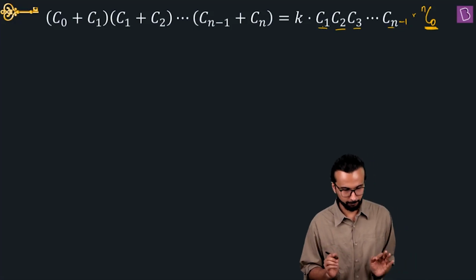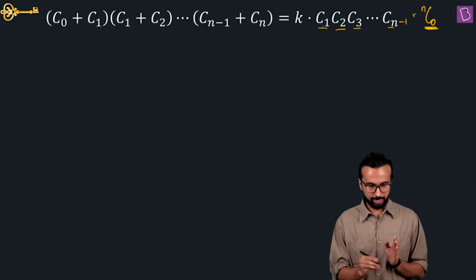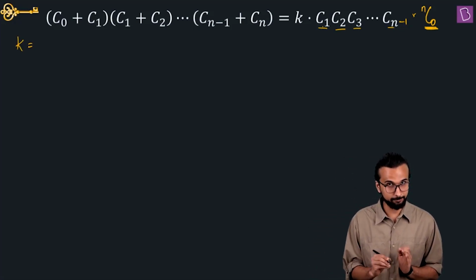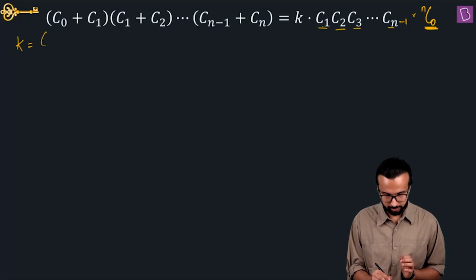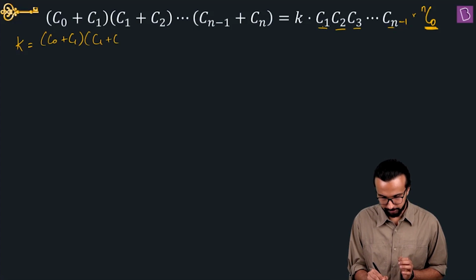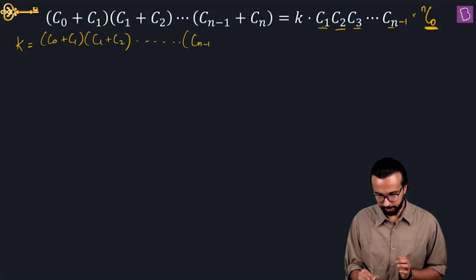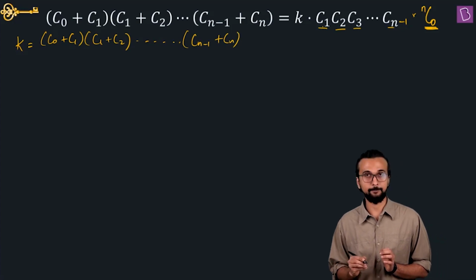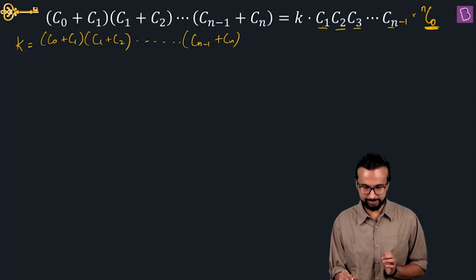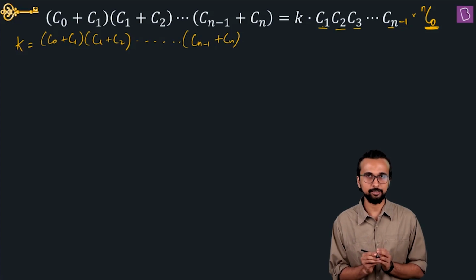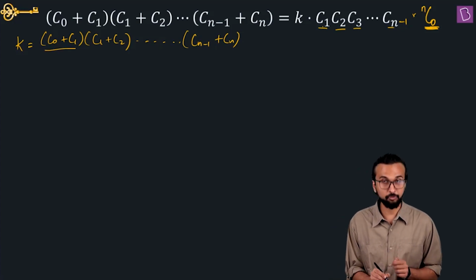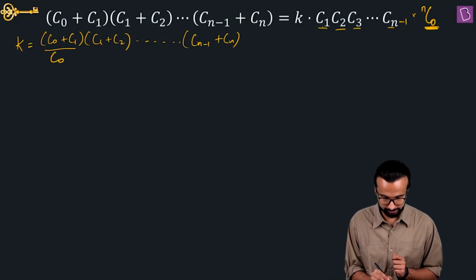So I'll write nCn as nC0 and keep it there. Now, what happens next? I'm looking for the value of K here. K is the product of (C0 + C1) into (C1 + C2) all the way up till (C(n-1) + Cn). I will take this nC0 and divide it for the first term here, so it becomes C0.